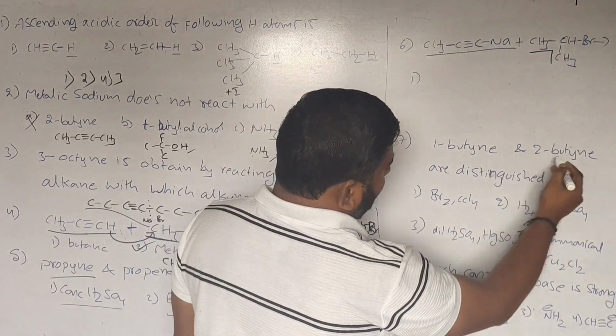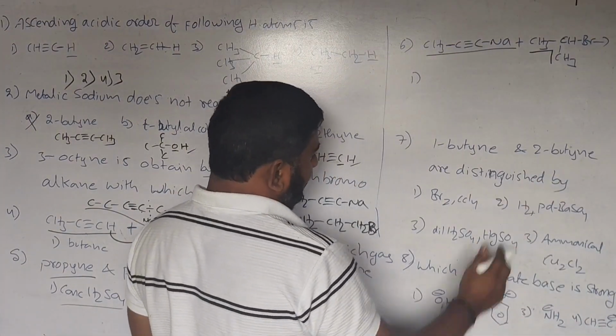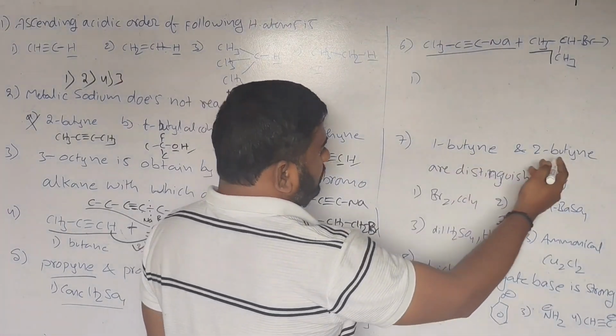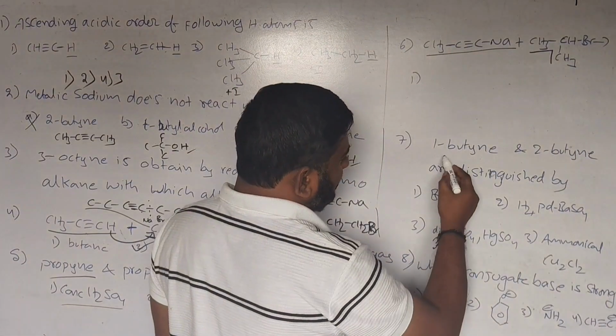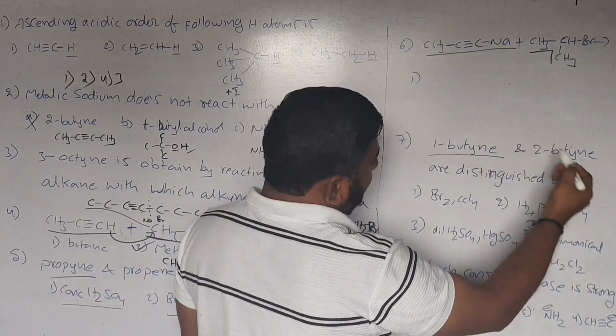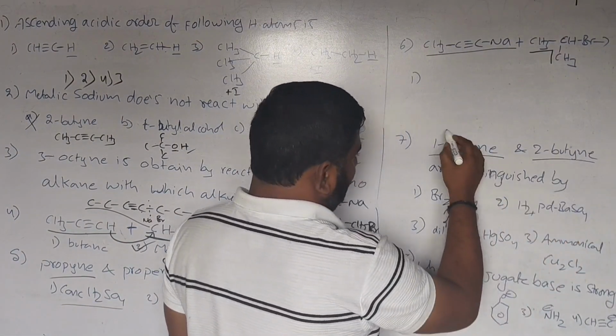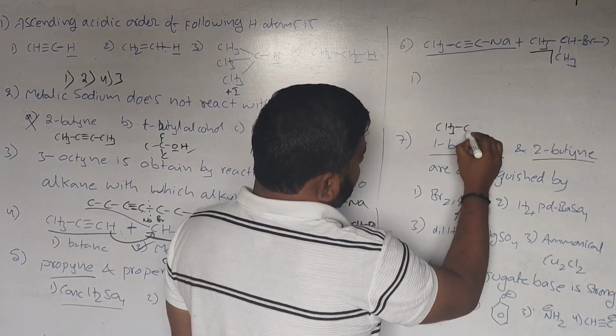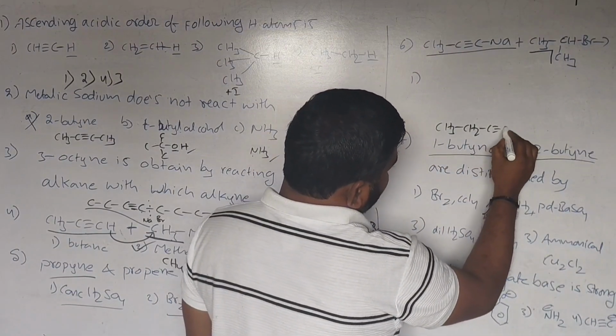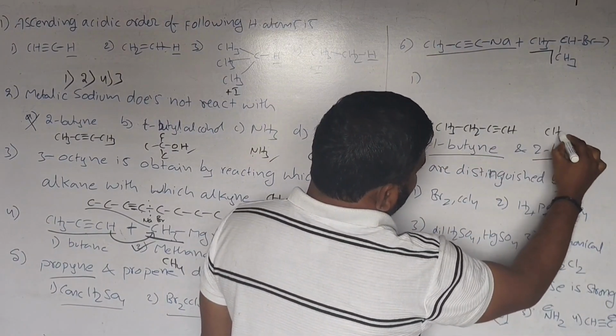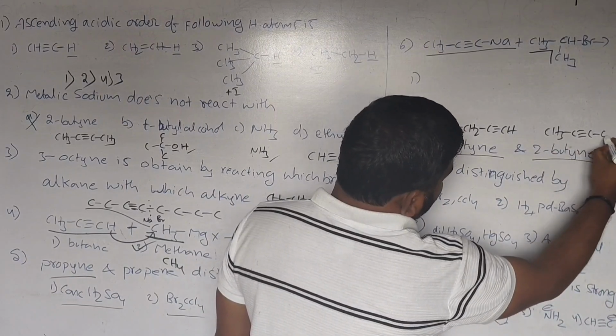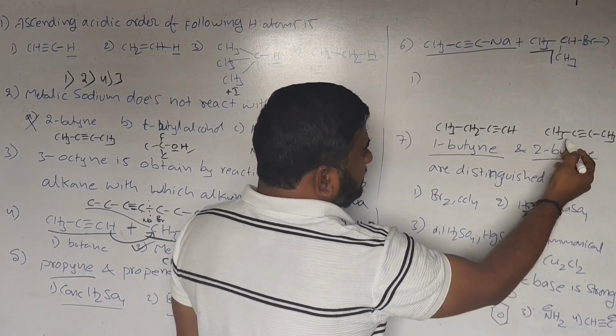Next, 1-butyne and 2-butyne are distinguished by which one? 1-butyne means terminal alkyne, and 2-butyne means non-terminal alkyne. 1-butyne means CH3, CH2, C triple bond CH. 2-butyne means CH3, C triple bond C, CH3. Is any acidic hydrogen there in 2-butyne? No. In 1-butyne, acidic hydrogen is there.